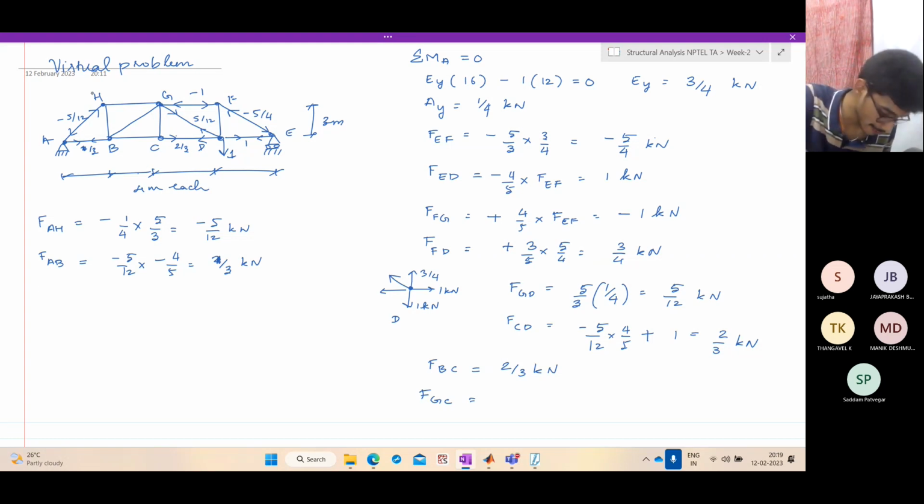And coming to point H, FGH is equal to, again compressive, minus 5 by 12 into plus 4 by 5, which is minus 1 by 3 kilonewtons.